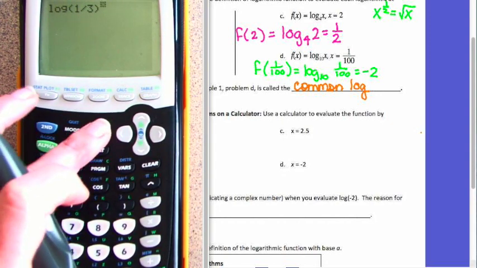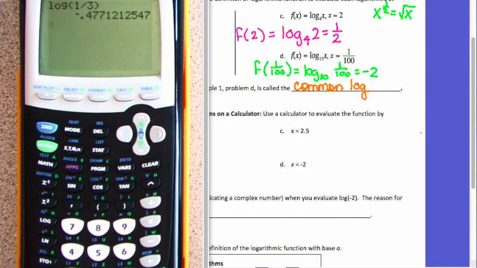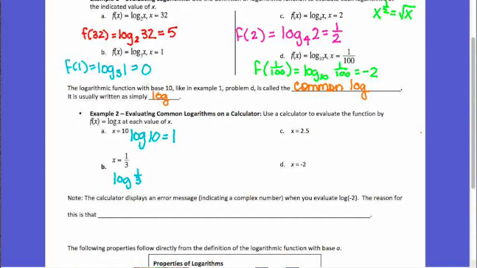That gives us -0.477. That's going to be our solution here. Again, I want 3 decimal places. You can round or you can truncate, either one. Same thing with these two. Log of 2.5.